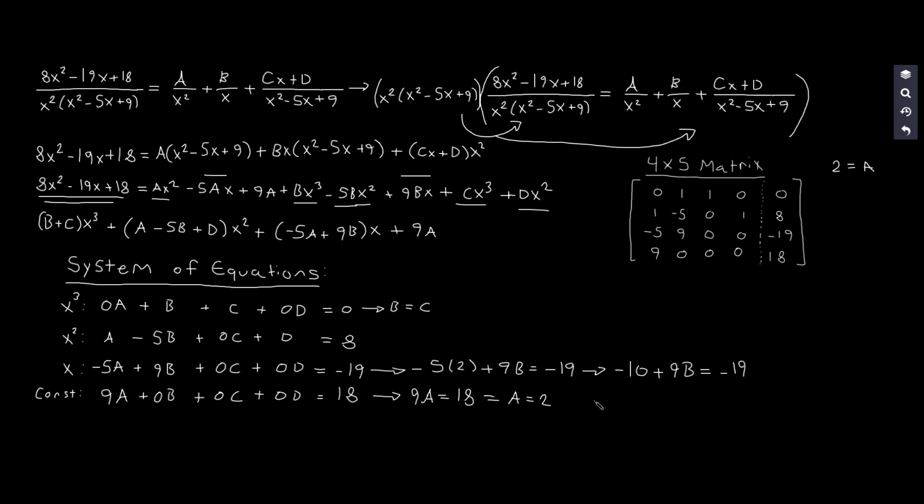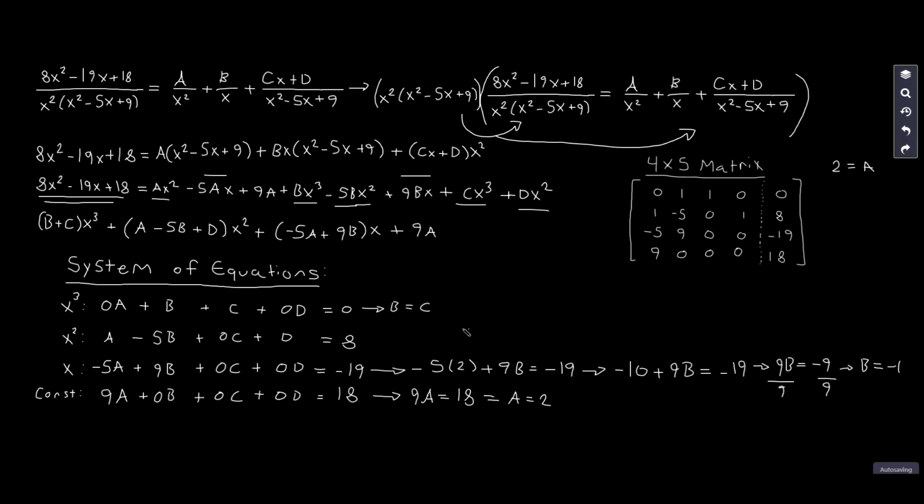Okay, but then if I add 10 to both sides, it's going to be 9b equals negative 9. But then if I divide by 9 and I divide by 9, that's going to reveal to us that b equals negative 1.